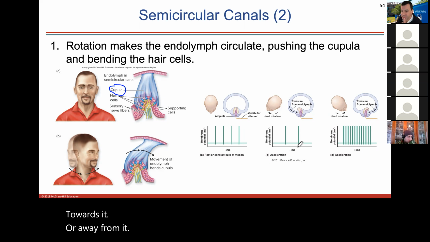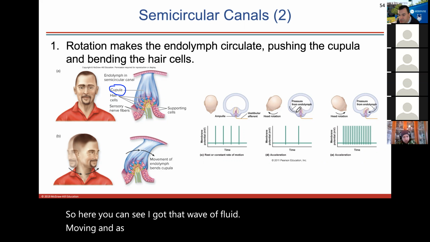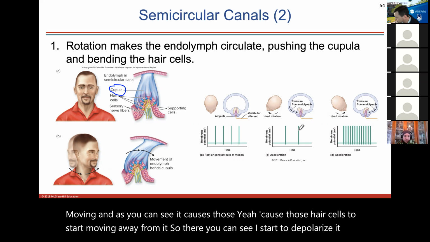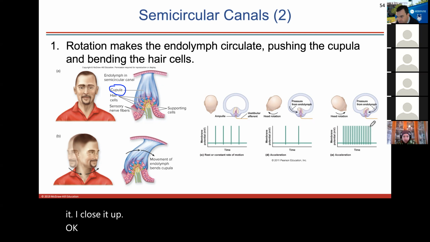So here you can see I got that wave of fluid moving, and it causes those hair cells to start moving away from it. So there you can see I close it up, hyperpolarize it.